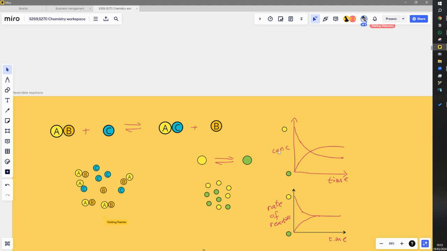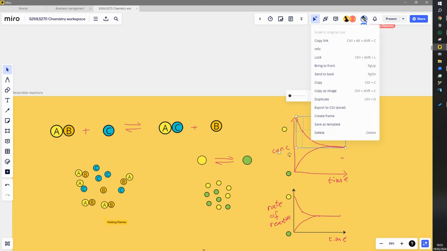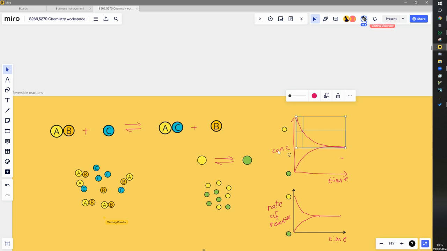Now if either reaction were just as likely to happen as the other, then it's going to reach equilibrium when they're at a sort of 50-50 concentration. So when the concentrations are equal to each other, then it's going to reach equilibrium at that point. But that pretty much never happens.